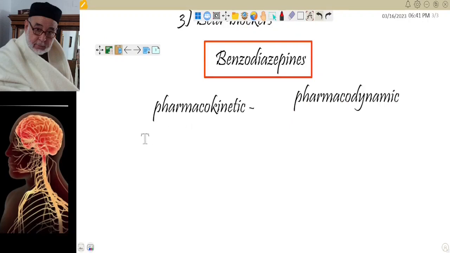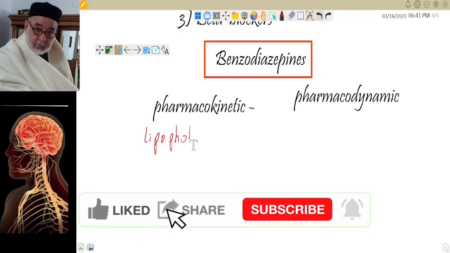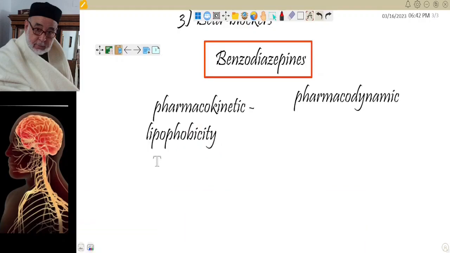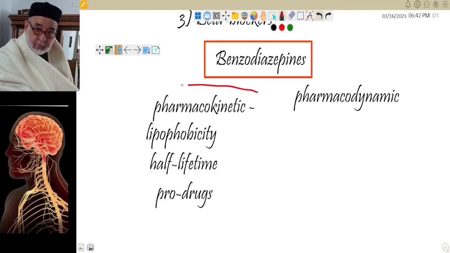In pharmacokinetic properties, they differ in lipophilicity, the ability to dissolve in lipid. They differ in the half-life time, which is known as T-half. Also, they differ in their metabolites. Some of them are prodrugs; they are metabolized to an active drug. These are some of the pharmacokinetic differences between different benzodiazepines that we will discuss, inshallah, in detail.